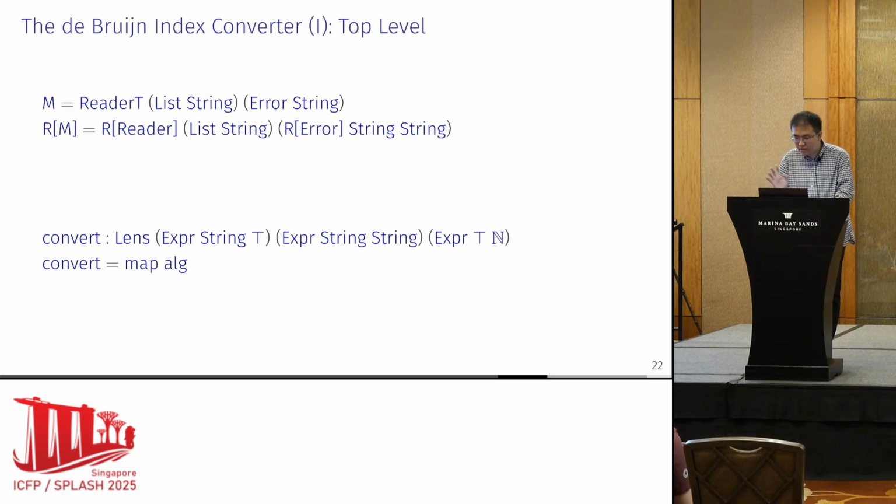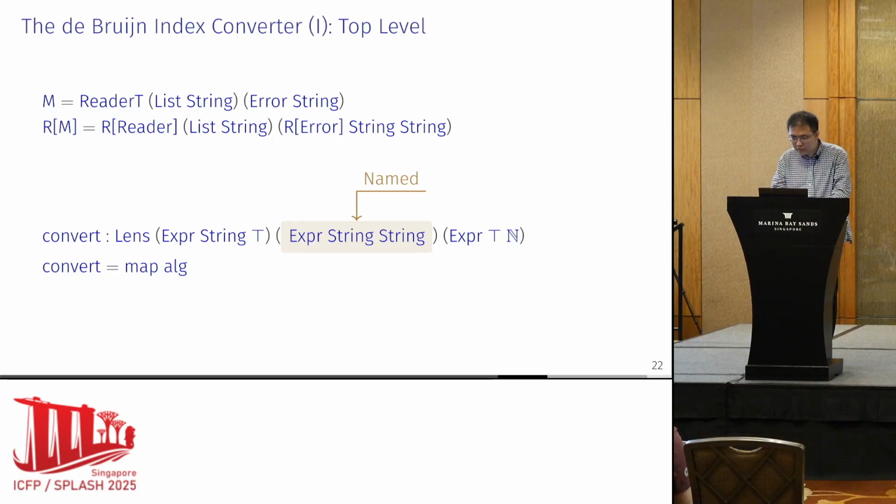So here's the actual code for the example. First, we choose a monad to describe the effects used in the example. Here, I combine the reader and the error. And we also choose the round-trip relation for this monad M. And here we see the top-level converter is converting between the named and nameless expressions.